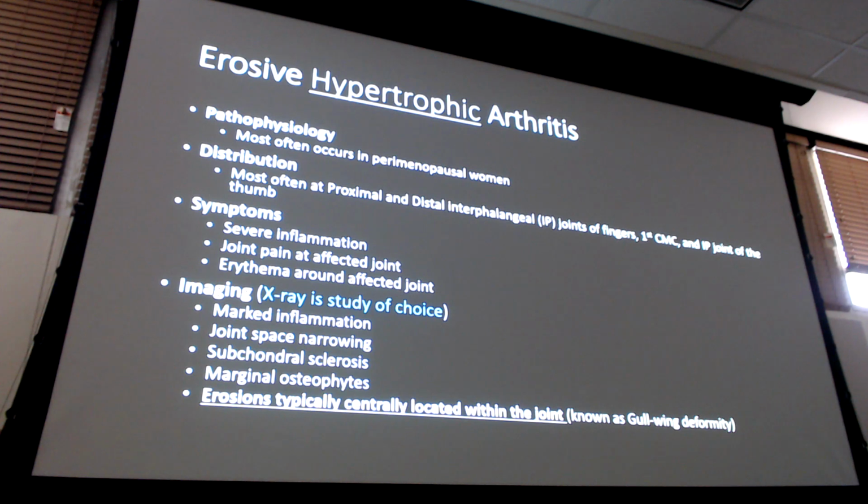All right, let's jump into the erosive hypertrophic arthritis. Most commonly in perimenopausal women. Right? So now with these arthritises, as we go through this, and as you're going back and studying it, there are things with certain ones in the x-rays that are different that help make them jump out, right? But as I talked about, radiology and x-rays are adjunct.